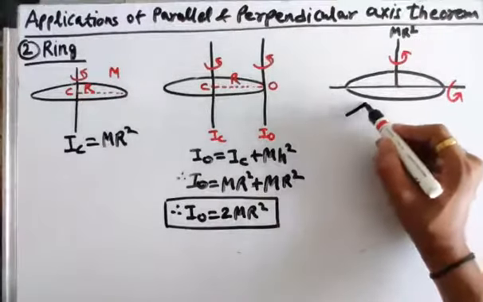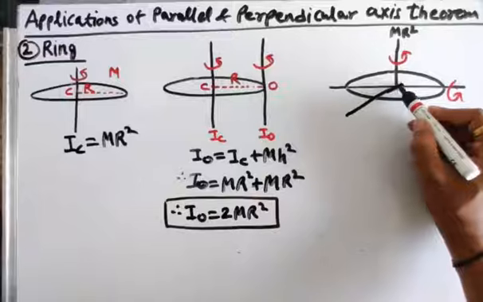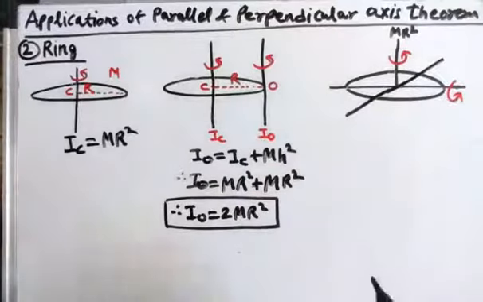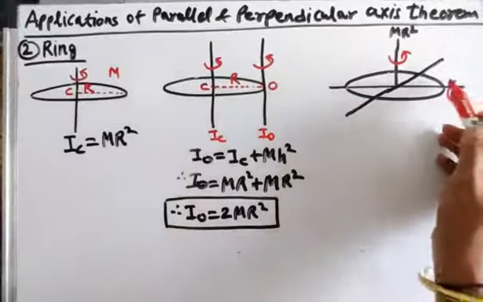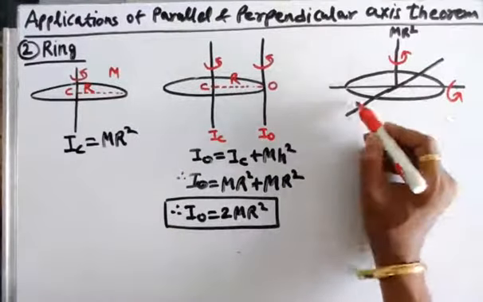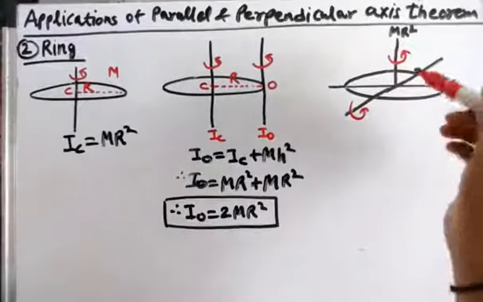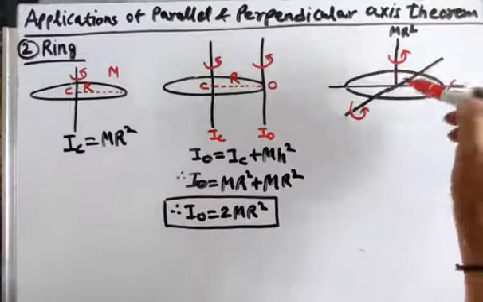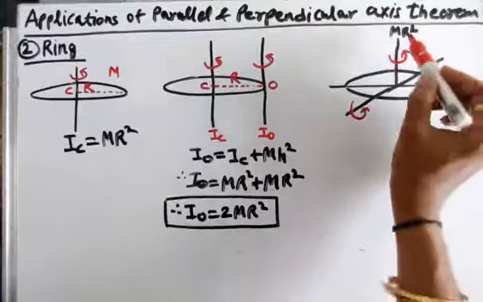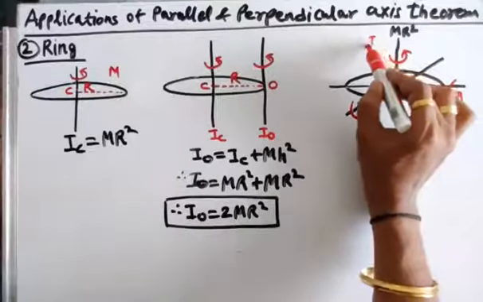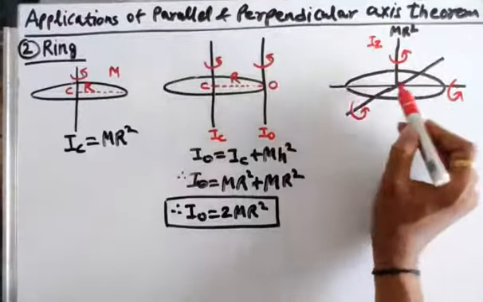So we will draw one more axis which is again along the diameter of this ring. So we can clearly see the ring can rotate about this axis as well as along this axis also. As we have considered, this is z axis, this is x axis, this is y axis. So this is nothing but moment of inertia Iz about this axis.